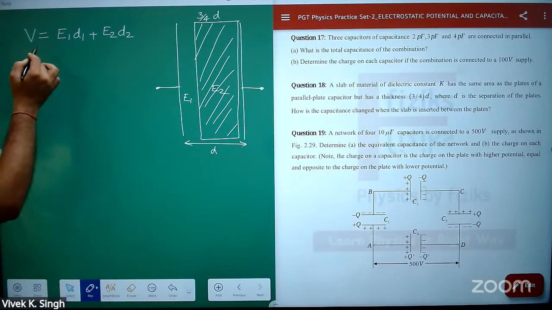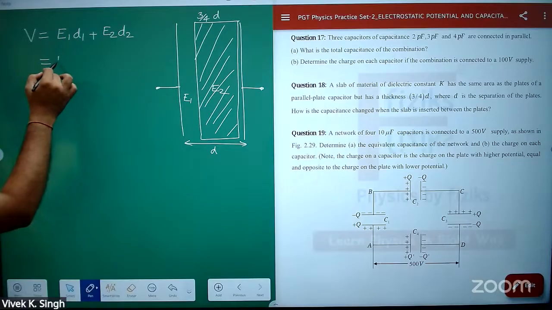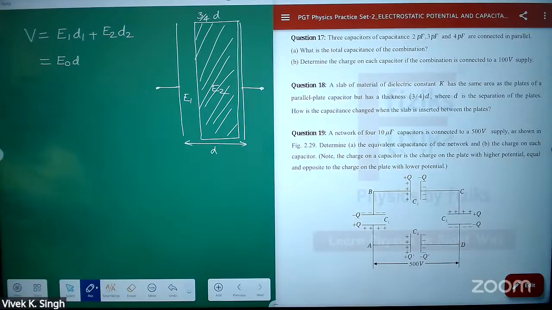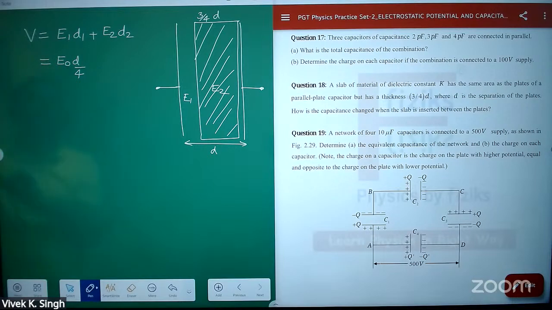In free space, let's say the field is E naught, into D by 4. D1 is D by 4 and the electric field is E naught.